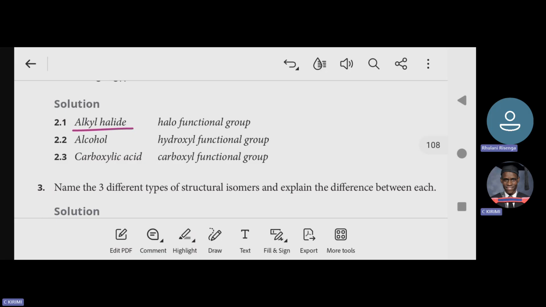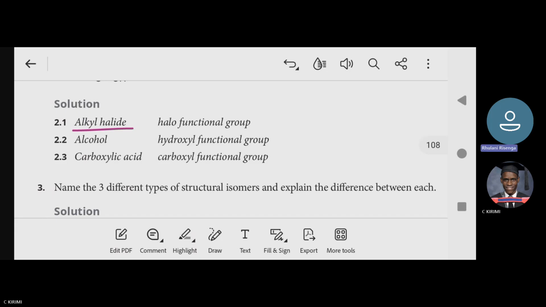We have functional isomers. Functional isomers are organic molecules with the same molecular formula but different functional groups. We have chain isomers. Chain isomers are molecules with the same molecular formula but different side chains.